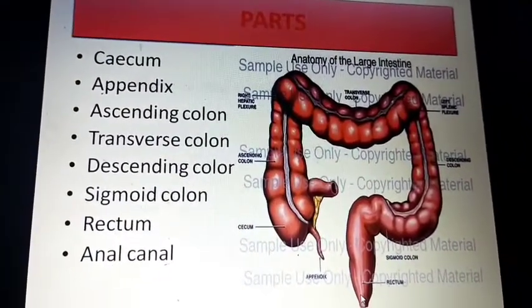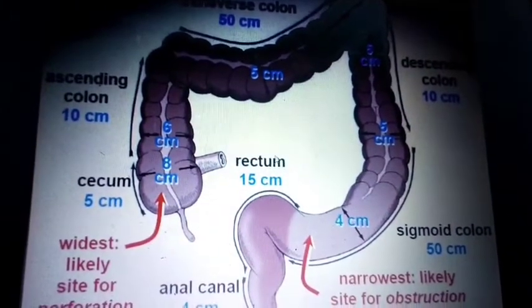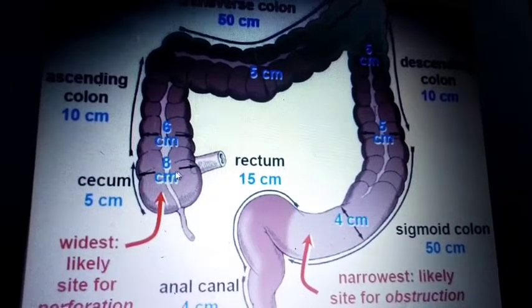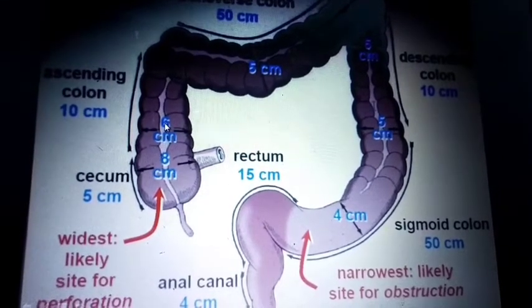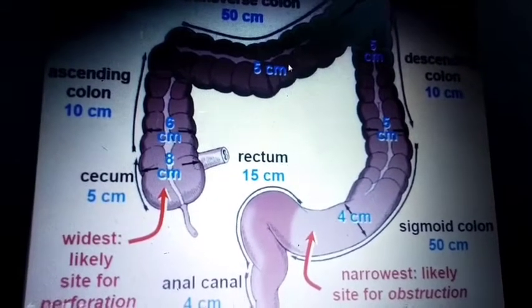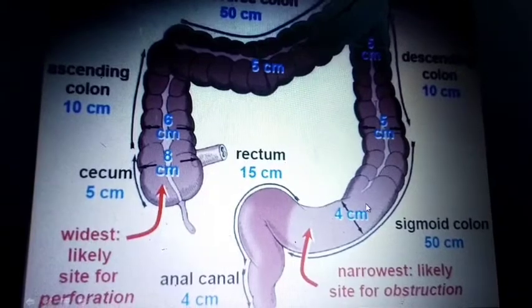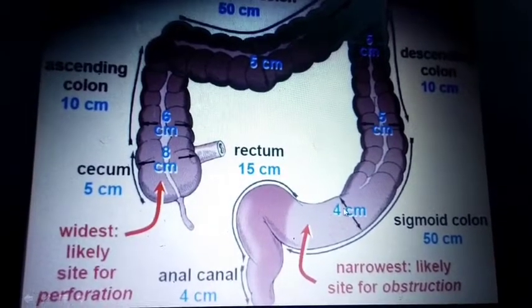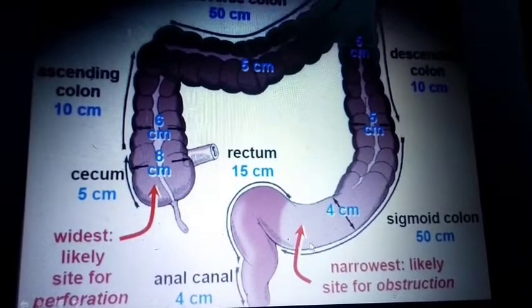You can go for the next slide. Then the diameter of the large intestine: at the cecum it is 8 centimeters, the ascending colon 6 centimeters, the transverse colon 5 centimeters, the descending colon 5 centimeters, and the sigmoid colon 4 centimeters. This is the diameter.